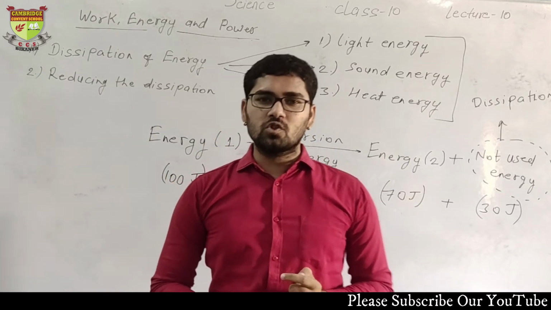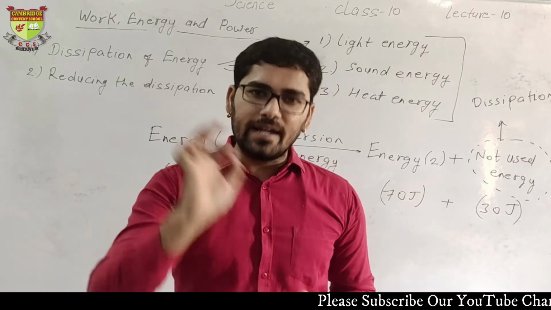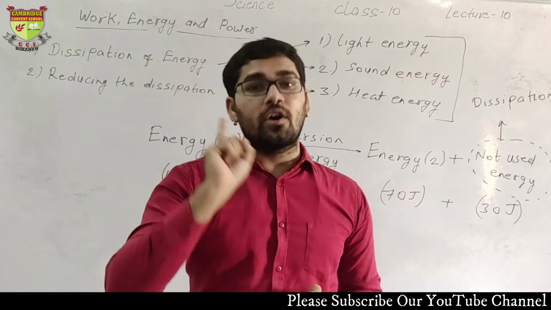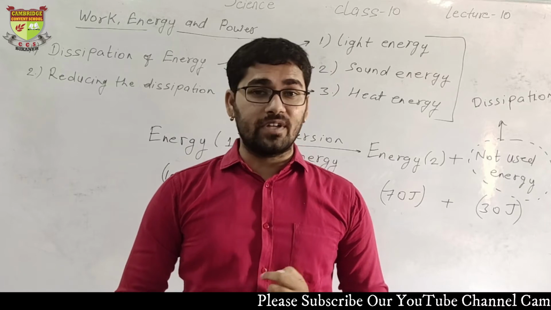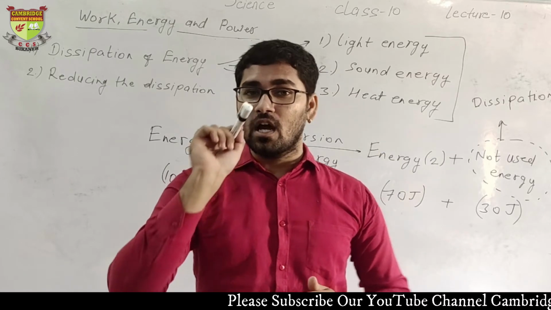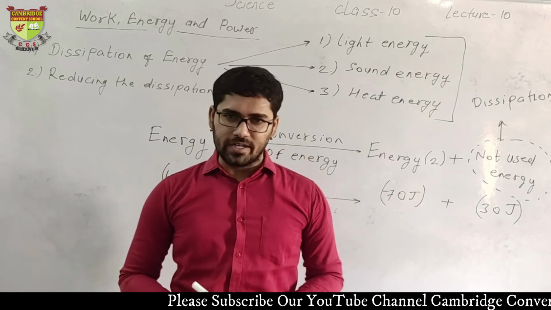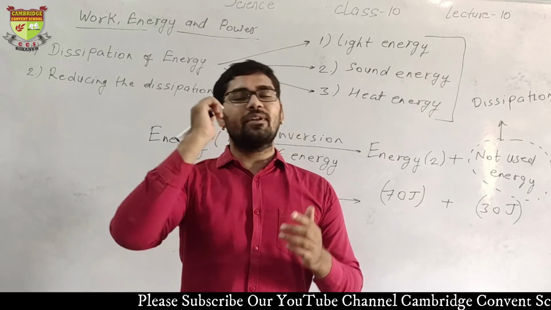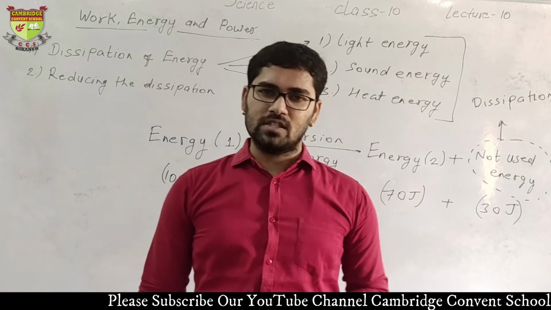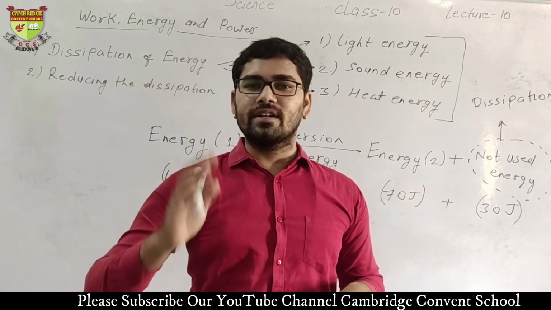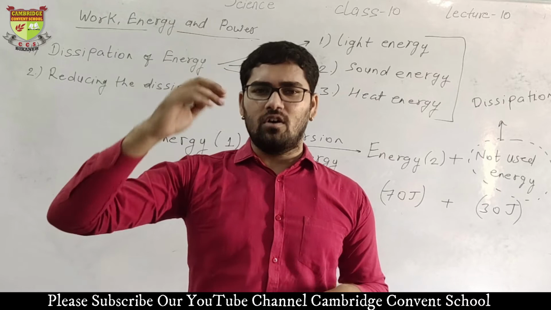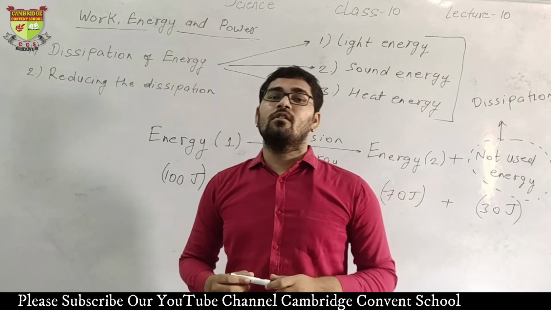Absolutely not. There only light energy is the useful thing, not the heat energy, but in spite of that, it is being produced. So it is a dissipation, or I would say a waste of heat energy, right? Again, I am taking the example of automobiles. When you are using your vehicle, bike, scooty or car, four-wheeler, etc.